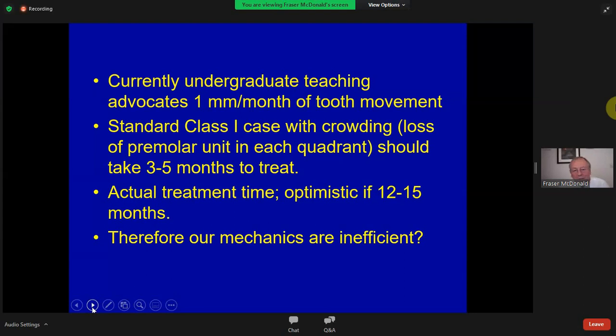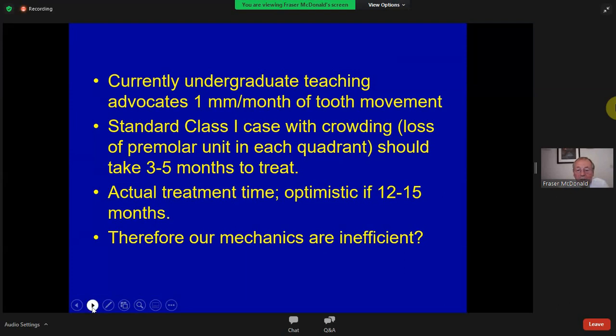But if you think of this, 1 millimetre a month, a standard class 1 case with crowding, loss of a premolar unit in each quadrant, should take us 3 to 5 months to treat if we're efficient. If we're optimistic, we might complete treatment within 12 to 15 months. I must admit, one of the few treatments that I ever witnessed going very quickly was 9 months, and the patient had started some growth hormone replacement therapy.